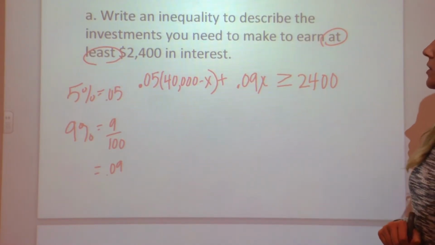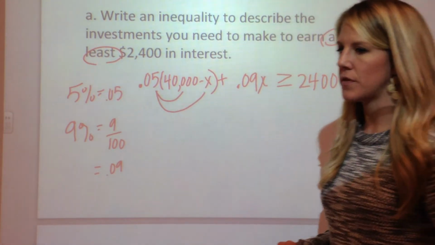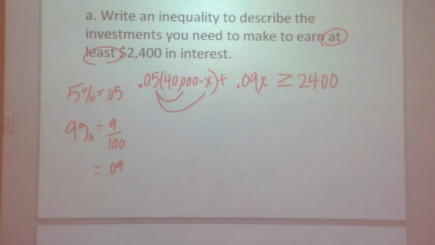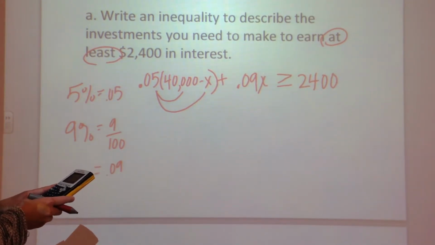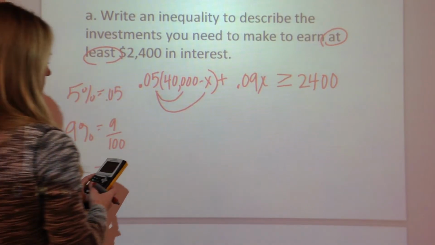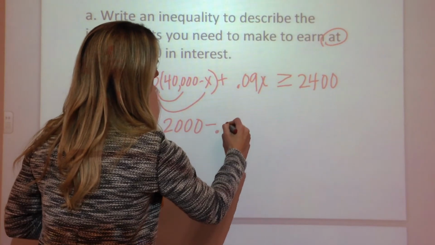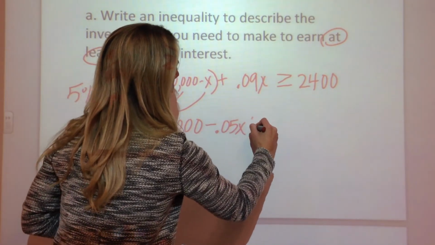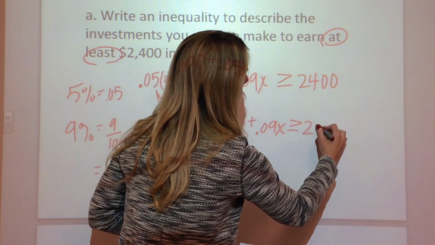So now we need to distribute and simplify. So we get 0.05 times 40,000 is 2,000. So we get 2,000 minus 0.05x plus 0.09x is greater than or equal to 2,400.